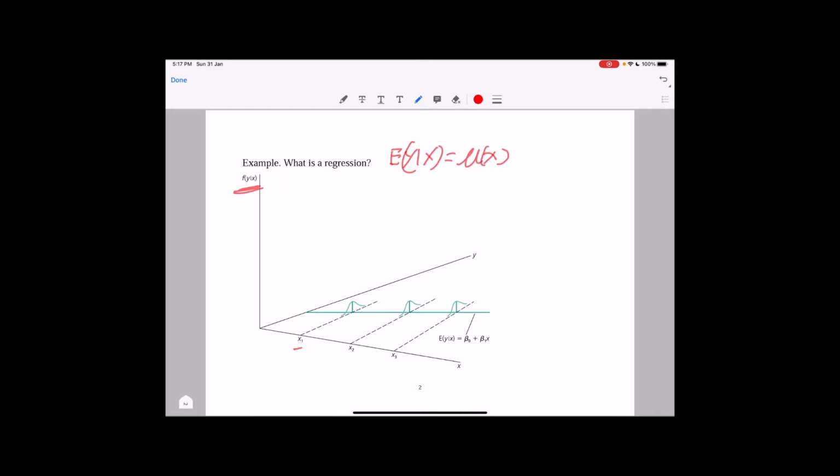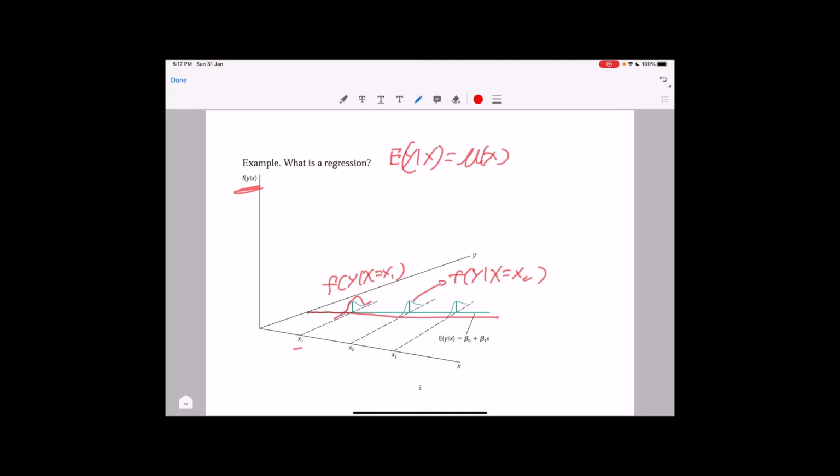This is the conditional distribution of y given x equals x1. This is the conditional distribution of y given x equals x2, and so on. Do we need to know the whole distribution? Not necessarily.